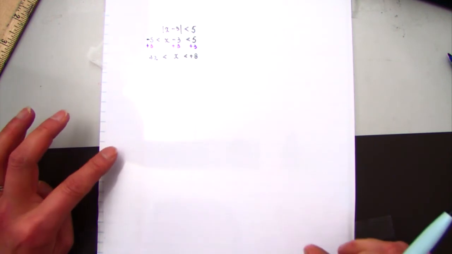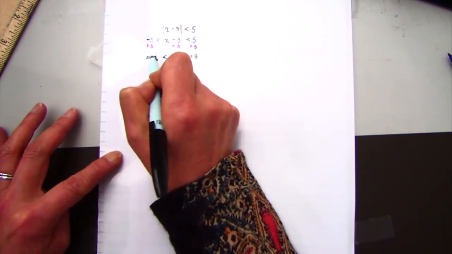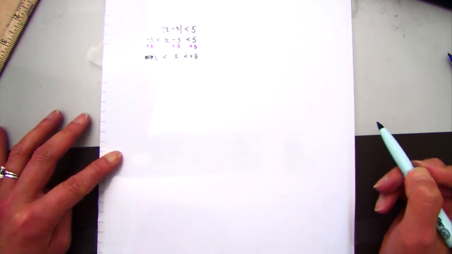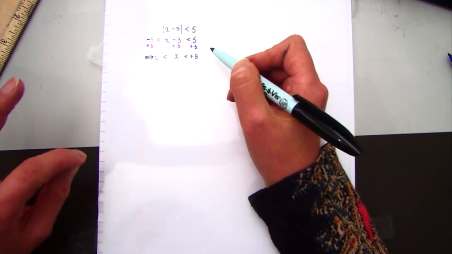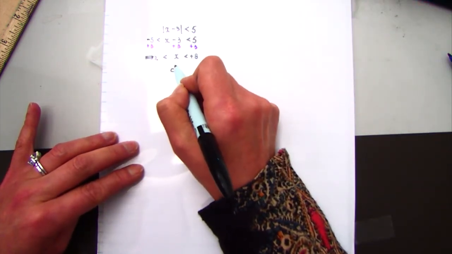All right, so let me make sure negative 2. Now going forward, we will check endpoints.